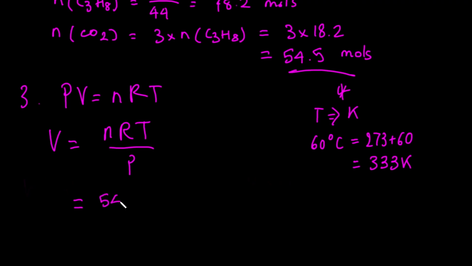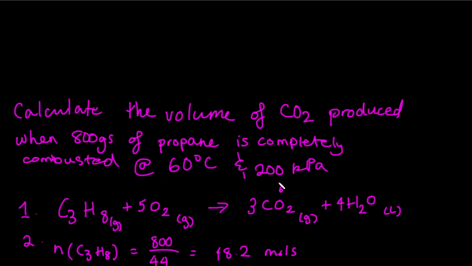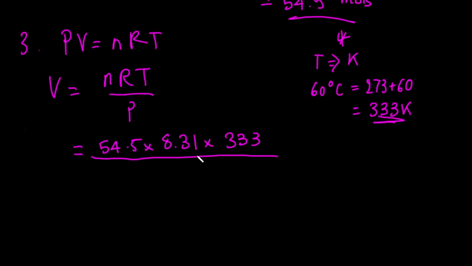We go 54.5 multiplied by our constant value, which is 8.31, multiplied by our temperature value of 333 Kelvin. Finally, all divided by the 200 kilopascals up here. Plug that into a calculator, and you should get a value of 755 liters.